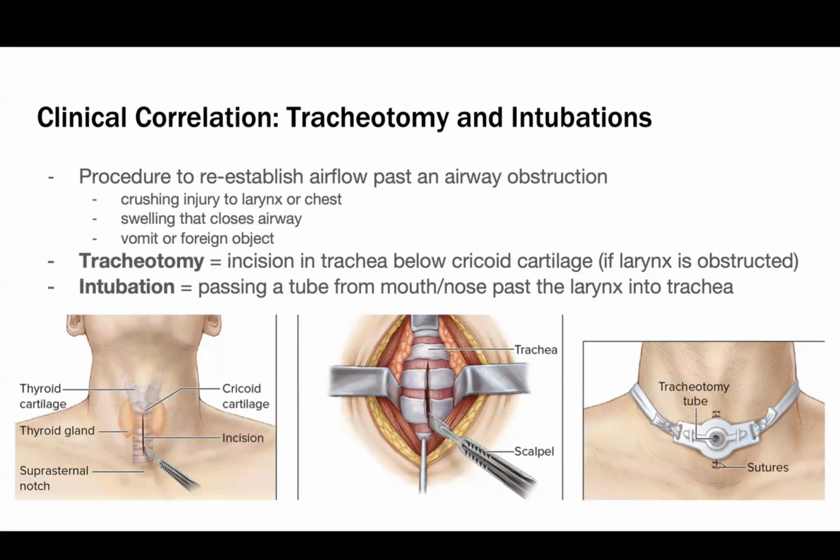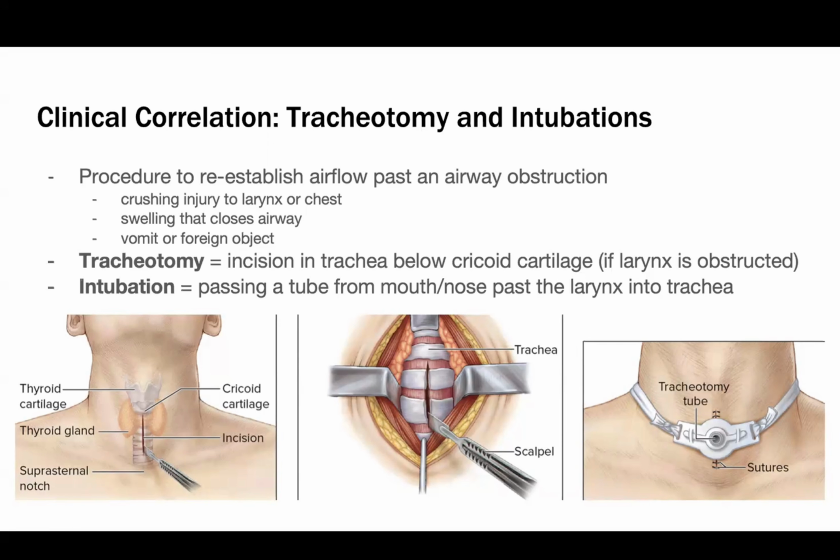When might this be the case? Think anaphylaxis or epiglottitis. It's when you want to bypass all of your conditioning tubes and enter the airway directly. Intubation, on the other hand, is when you pass a tube from either the mouth or the nose, past the larynx, past the vocal folds, through the rima glottis, and into the trachea.